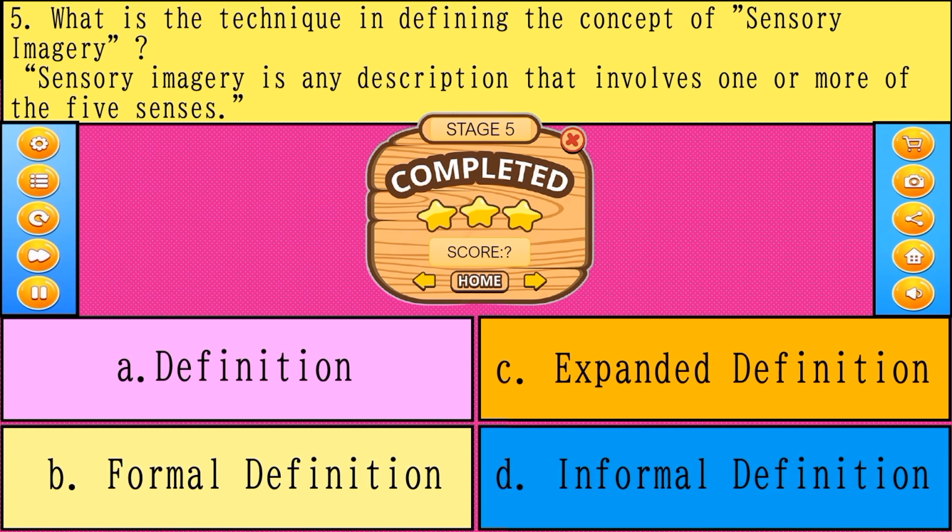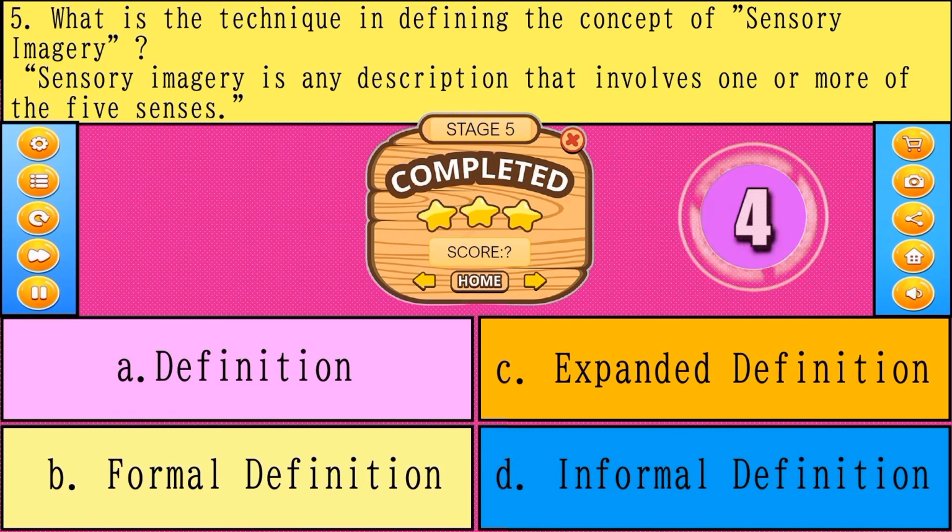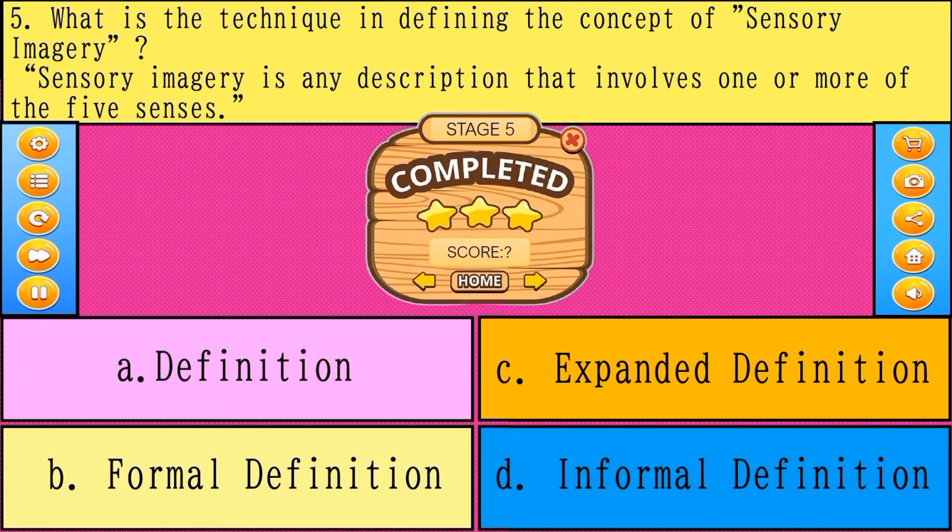What is the technique in defining the concept of sensory imagery? Sensory imagery is any description that involves one or more of the 5 senses. Answer is B. Formal definition.